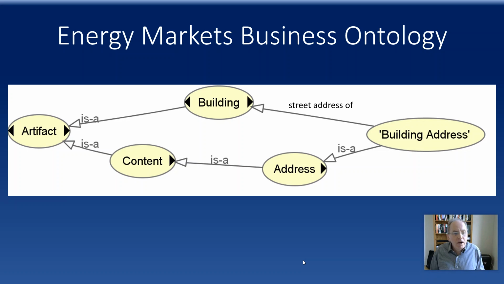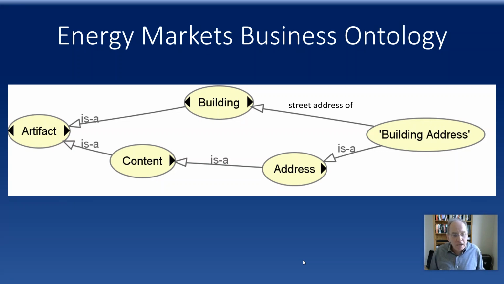And moving from left to right, this defines an artifact. Now, an artifact is something made by a human being. A building, in the sense that we all understand it as a domestic dwelling or a commercial construction, etc. And clearly, a building is an artifact because buildings are human-made constructions.